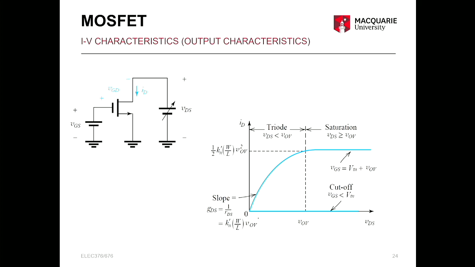So as the VDS increases from a low value to a high value until some point where VDS is less than VGS minus VT, it is in the triode mode, and once VDS is greater than VGS minus VT, the ID saturates, so it becomes flat, so no more increase in VDS will increase ID.